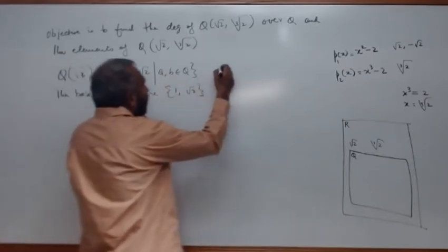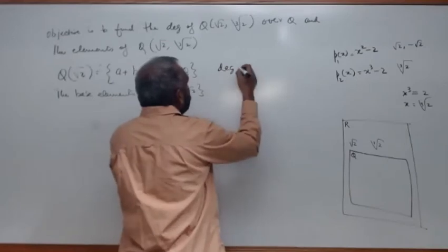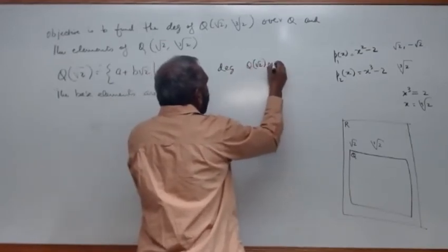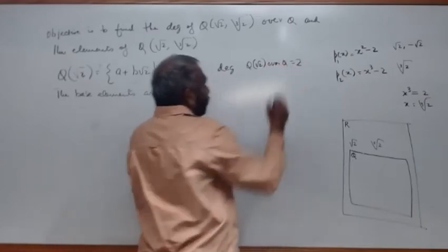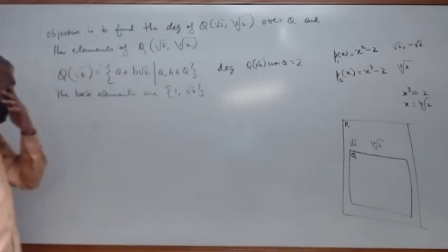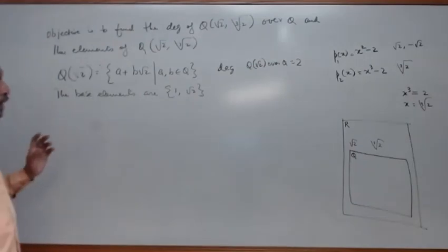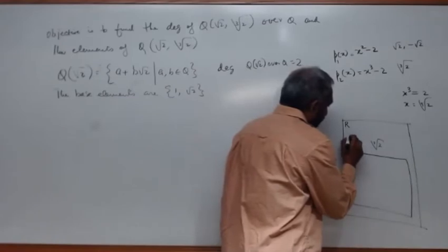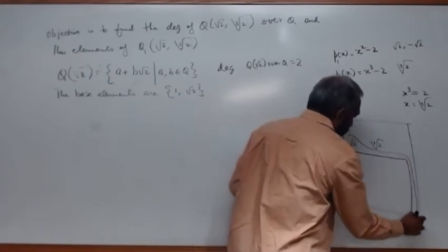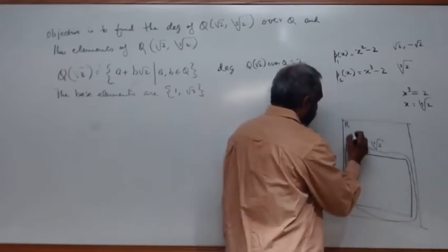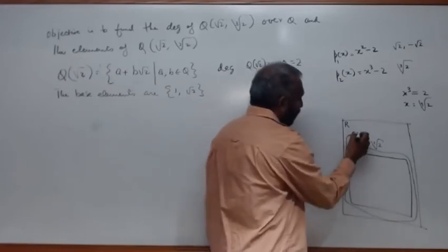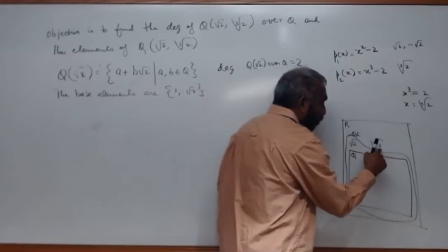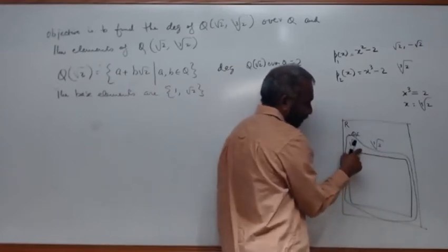Or you can say the degree of Q(root 2) over Q is equal to 2. There are 2 elements here. The first thing we need to find out is whether cube root of 2 is inside Q(root 2).